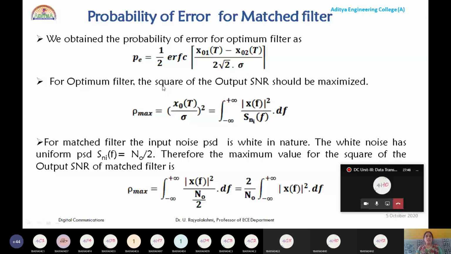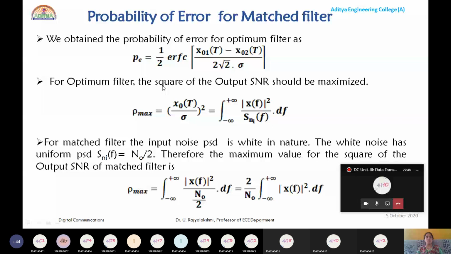Why the suffix max? Our intention is to maximize the square of the output. If you maximize the argument of the complementary error function, you can reduce the error, because there exists an inverse relationship between probability of error and output SNR. (x0(t)/sigma) whole square is rho max.